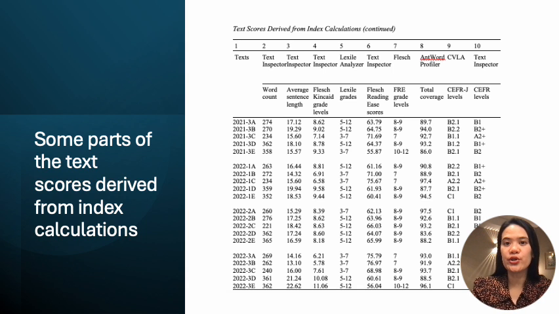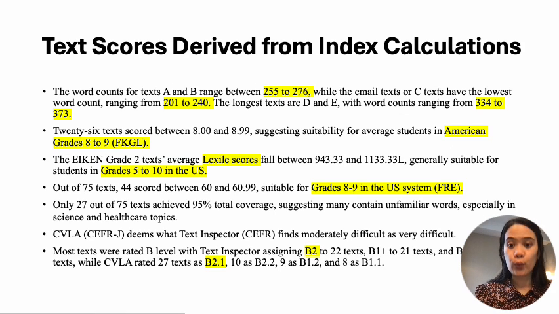Once again, my research covered Eiken tests administered from 2018 until 2022, which is why I was able to analyze 75 texts in total. The word counts for the first two texts, A and B, range between 255 and 276.